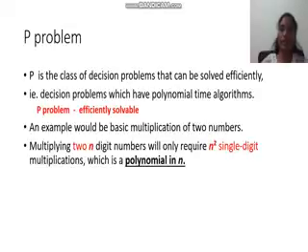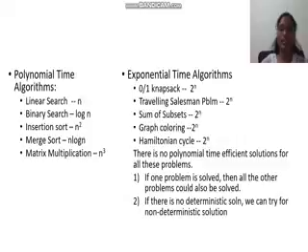We know that. So if you are multiplying two-digit values, then it has to do 4 single digit multiplications. This is again a polynomial in n. So this problem can be easily solved, and we have an efficient algorithm for that.